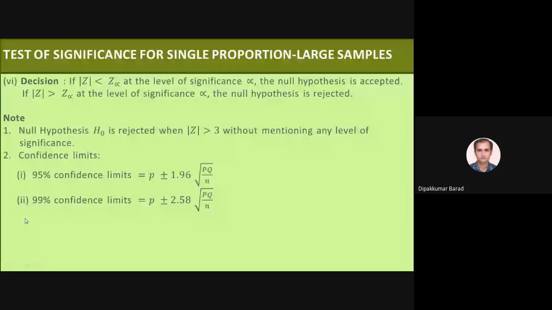And for the 99% confidence limit, we have the formula small p plus or minus 2.58 times the square root of pq by n. So whenever capital P and Q are not known, small p and q are used in the equation.